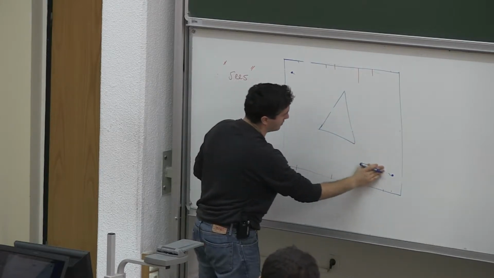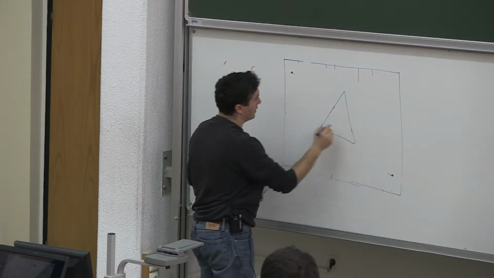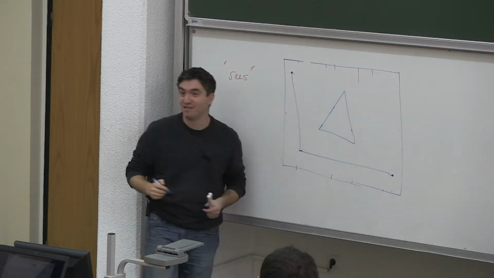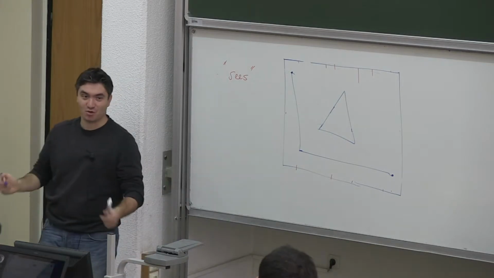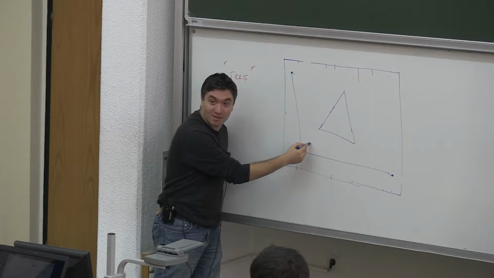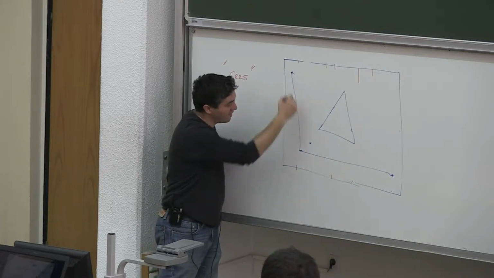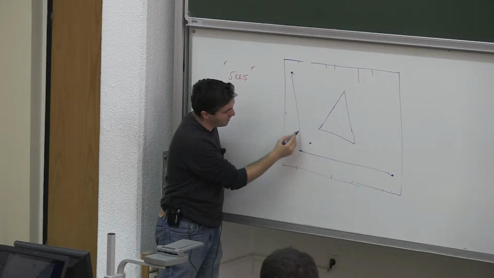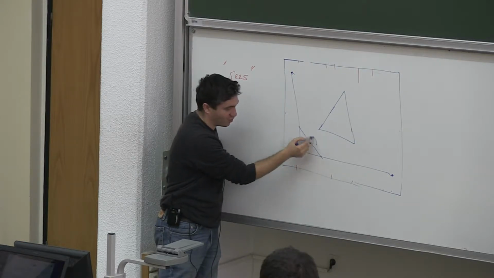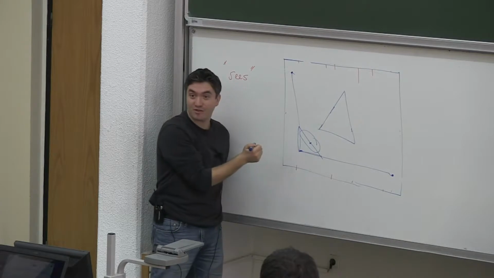we need to somehow, for example, if this could be a path, but is it a short path? Is it the shortest path? No, I can move this point towards the obstacle a little bit more, which is going to give me a shorter distance considering these two.